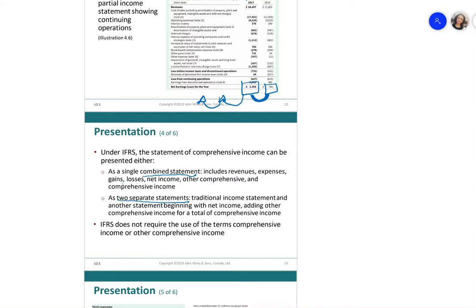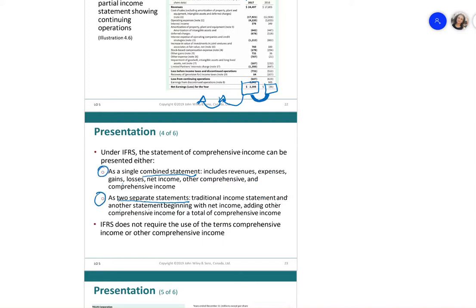But sometimes we don't want to combine it. So that's the traditional approach, two separate statements: the traditional income statement and another statement beginning with net income, adding the other comprehensive income. It depends on what the company wants to do. There's no one standard that is better than the other.